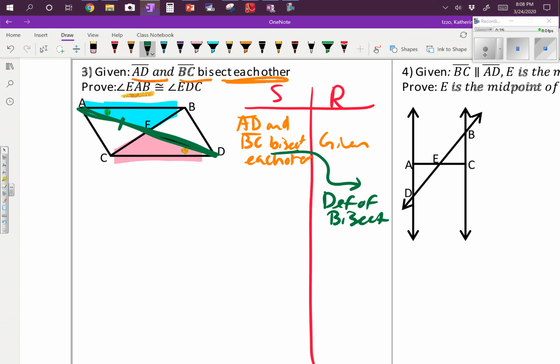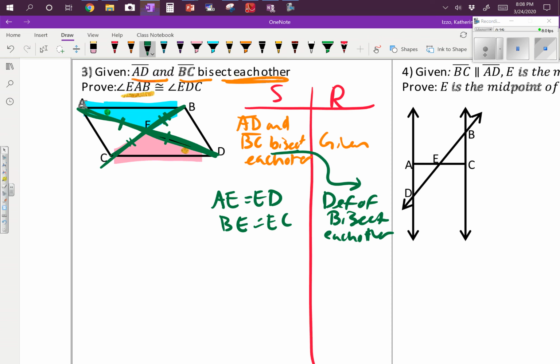So that turns into AE and ED. They bisect each other, so BC is also bisected. So this turns into BE and EC. And that's the definition of bisect each other.